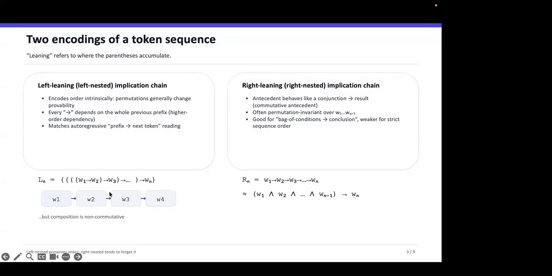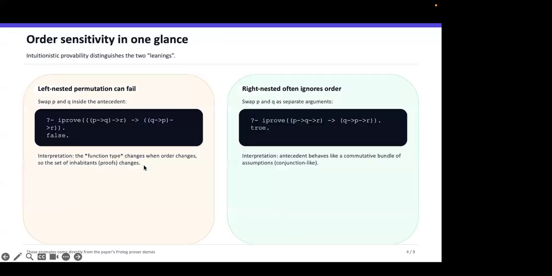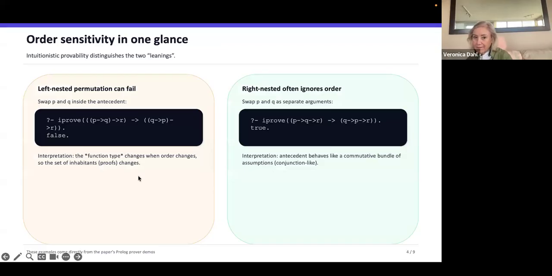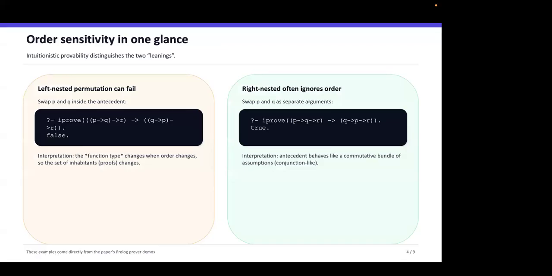Now, if you have this model here with left nested implications, that's almost like continuation-based binarization in which you force a given order. So we will rely on this form here to show some of the properties that are different in the two cases.